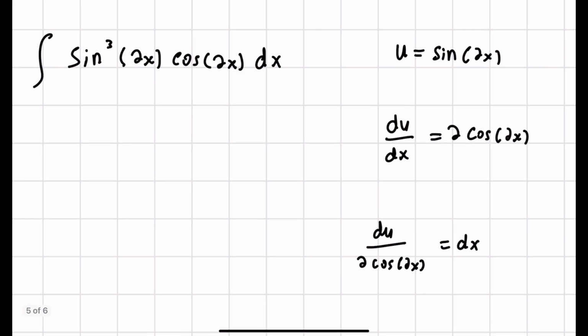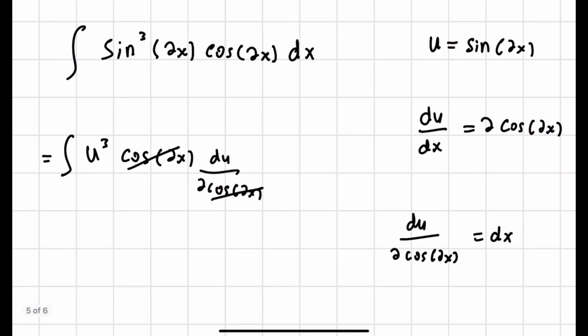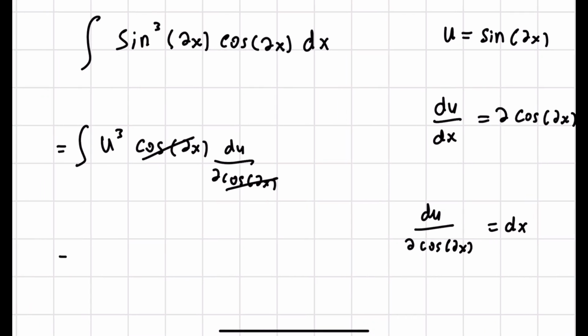And now let's substitute everything. So we have u cubed times cosine 2x du over 2 cos 2x. You see the cos 2x cancel out, and now we're left with u cubed over 2 du.